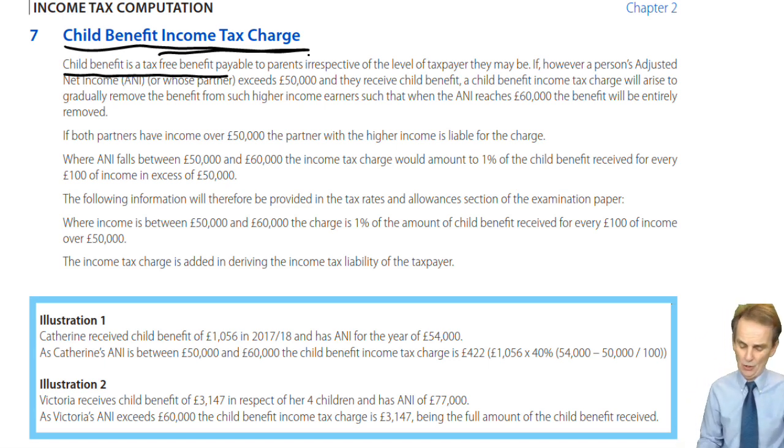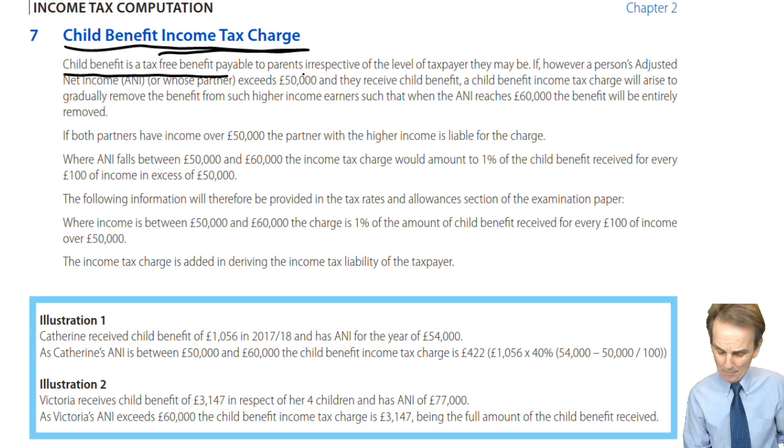So what are we told in the note, therefore? Again, it is payable to parents to begin with, irrespective of the level of taxpayer they may be.